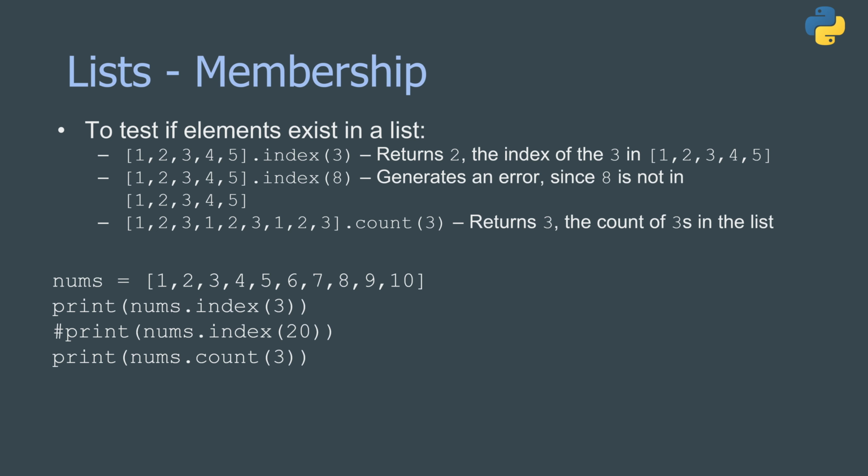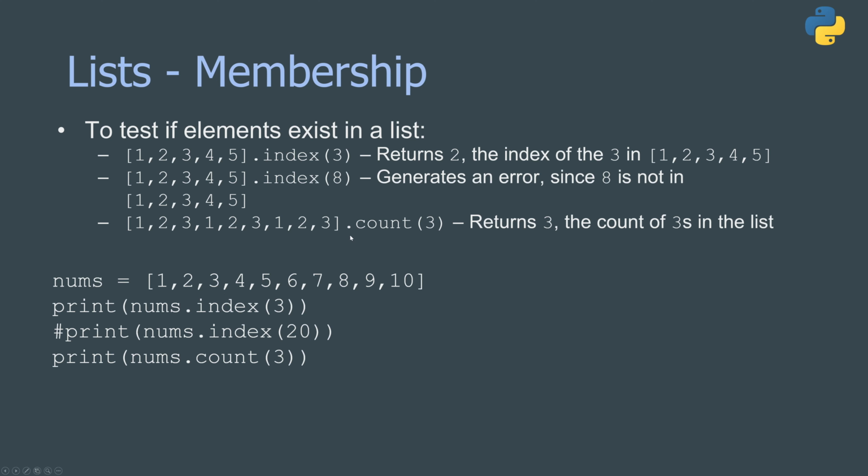So that's why you can use this in combination with the in operator. You could say if 8 in [1, 2, 3, 4, 5], then find the index, [1, 2, 3, 4, 5].index(8). That won't crash because the if statement means it only calls the index function if the 8 is in there.